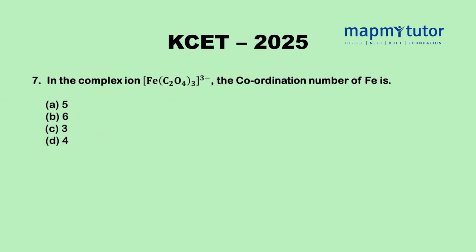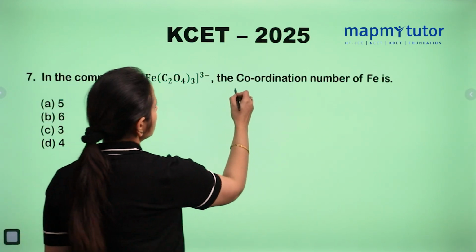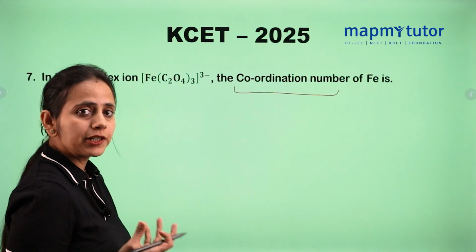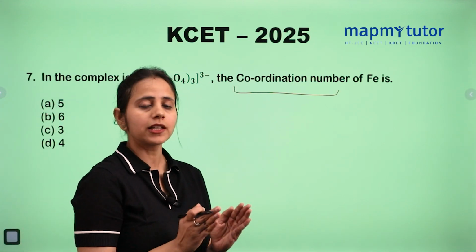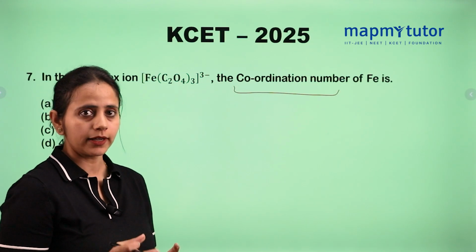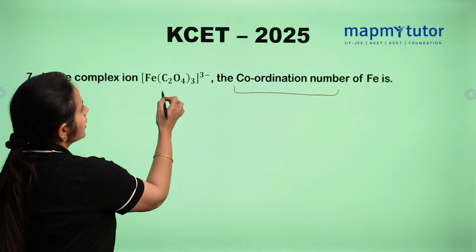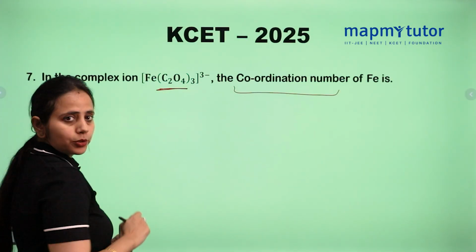In the complex ion [Fe(C2O4)3]3-, what is the coordination number of iron? What is coordination number? This is a very important term. Coordination number is the number of sigma bonds between the ligand and the metal atom. In this complex, the ligand is linked to the metal atom.